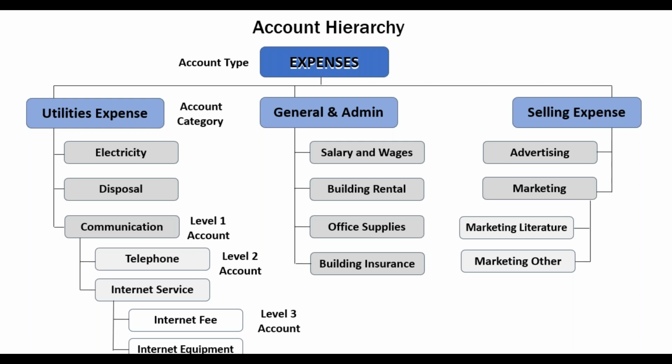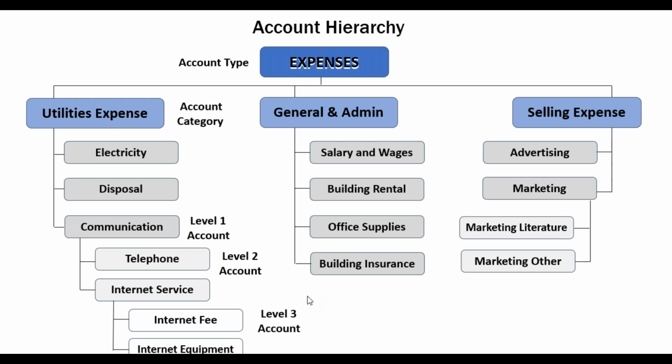When we enter transactions, we will only be entering to the lowest level. So in this case, we'll be entering to internet equipment, internet fee, and telephone. We won't be entering anything to communication or internet service because those are not the lowest level in this particular example. But when we are doing our reports, we could do it at level 3 and see the activity to internet fee, internet equipment, and telephone.